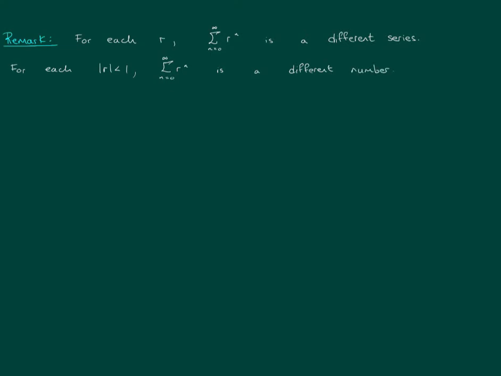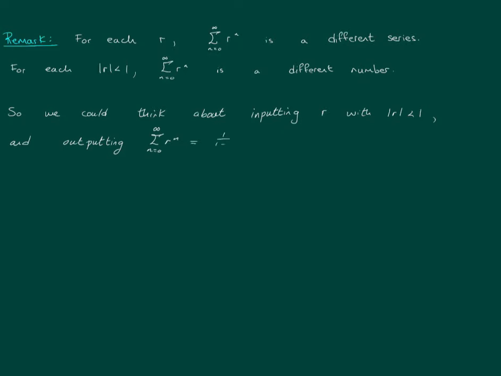Now, why am I mentioning this? We could think about inputting r, again with absolute value of r less than 1, and outputting this number, this series, sum r to the n.